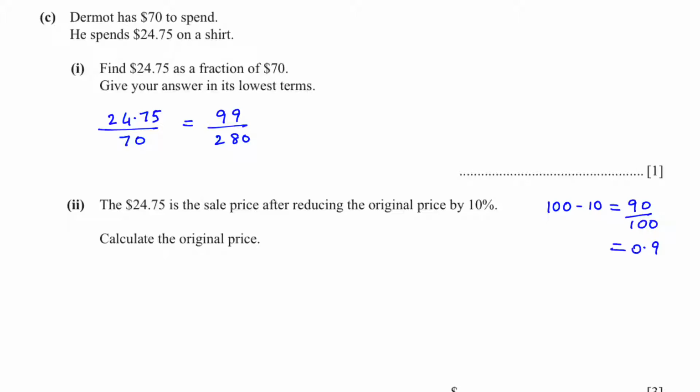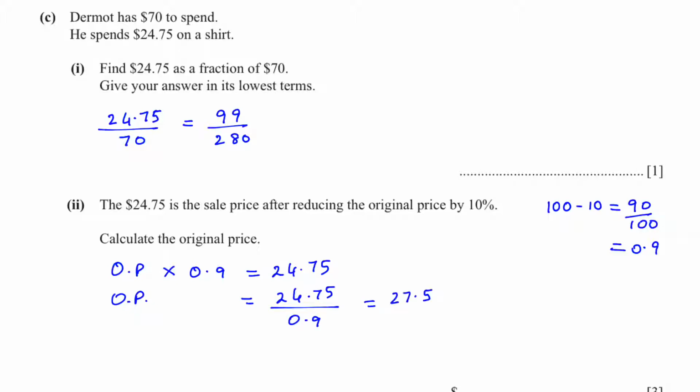So 0.9. The original price multiplied by this multiplier gives us the new price, which is 24.75. This is a multiply. When I bring it to the other side, it will be a divide. So original price is equal to 24.75 divided by 0.9, and that is $27.50.